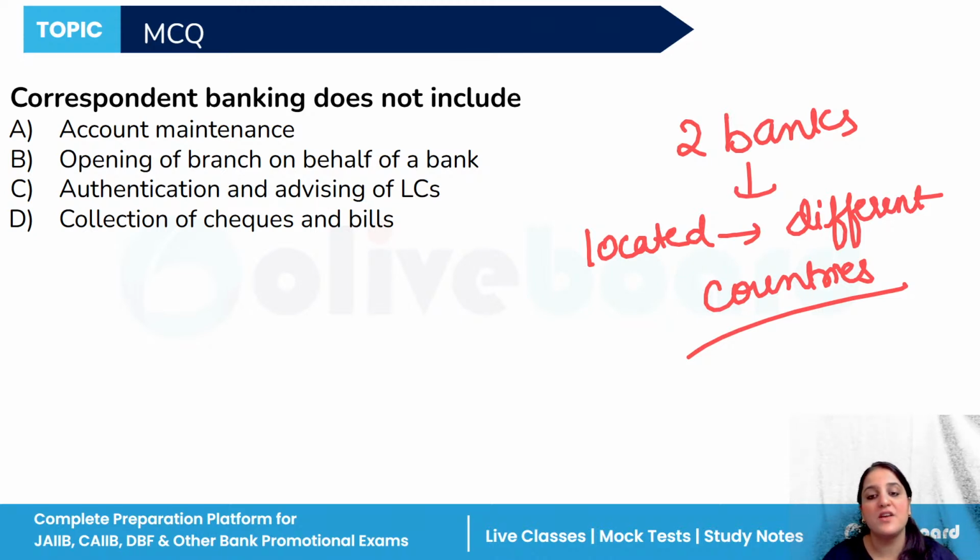While it includes services like account maintenance, authentication, and collection of checks or bills, it does not involve opening a branch on behalf of the bank. Correct. So here option B is correct, opening of a branch on behalf of a bank.